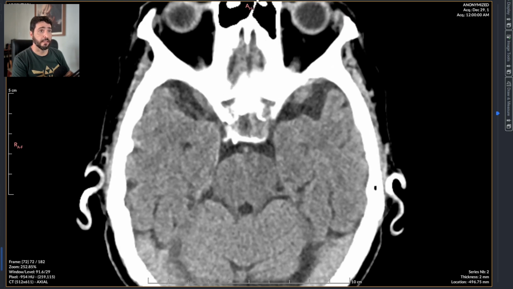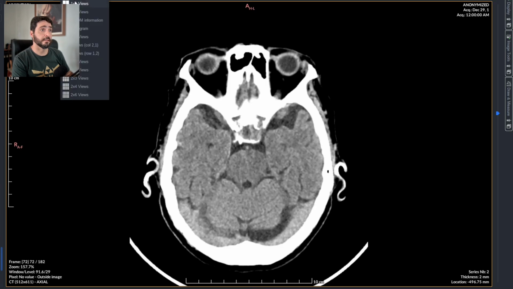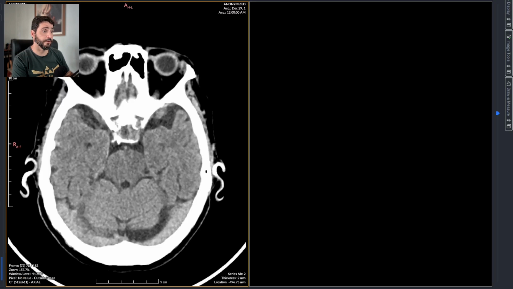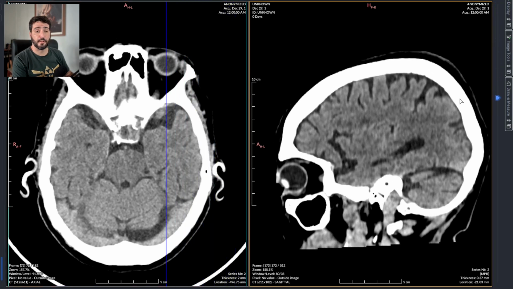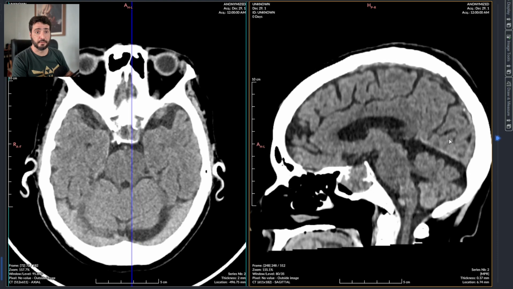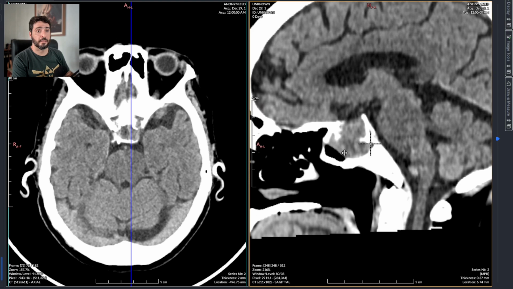So let's hit the MPR button and let's see this lesion from the sagittal view, which is the most useful view to look for a sellar lesion. So this is very, very clear right here. Just get it bigger.